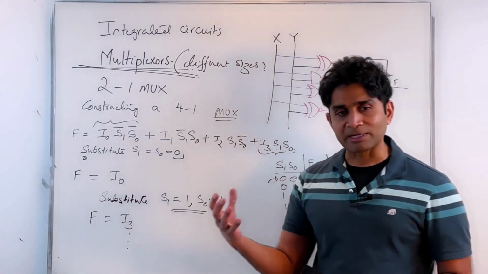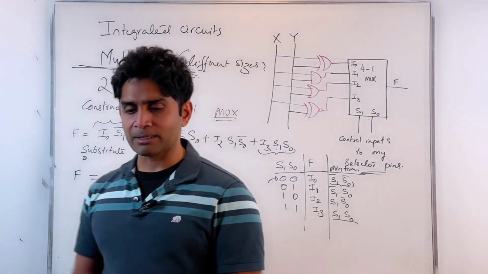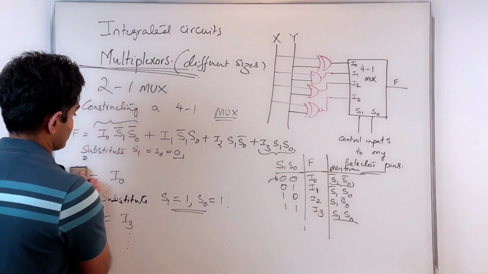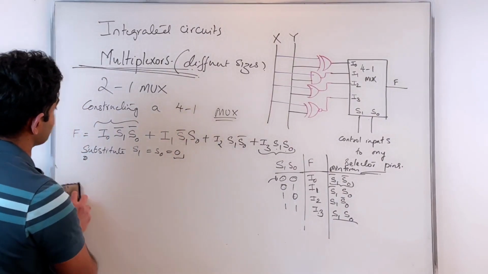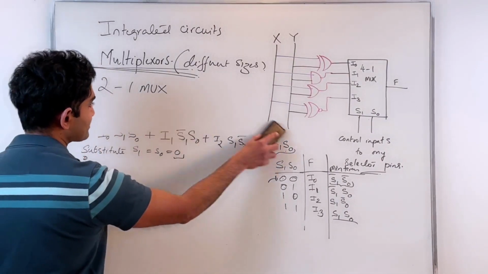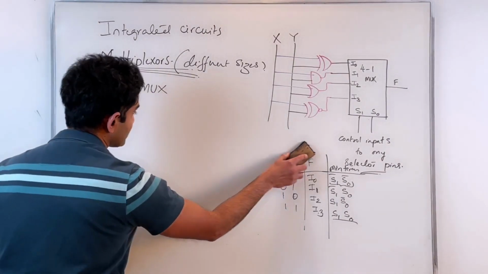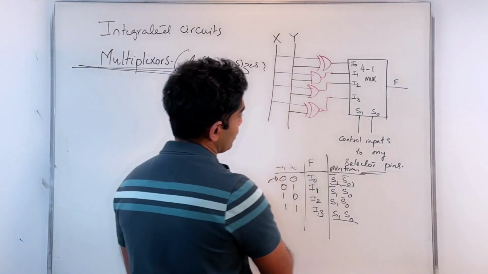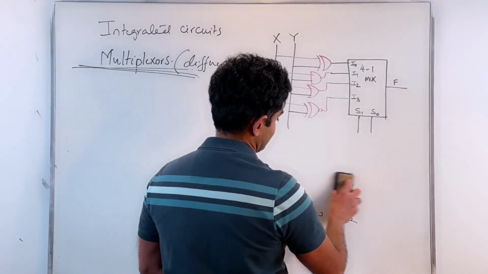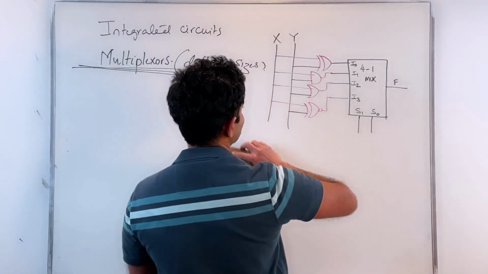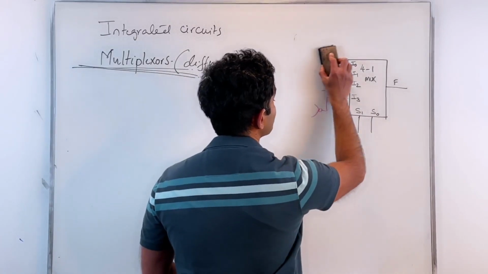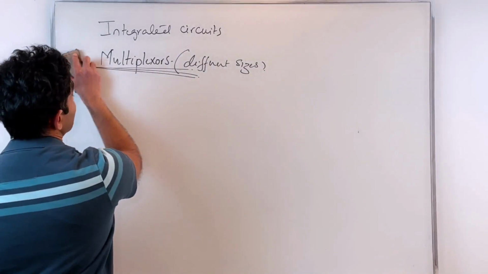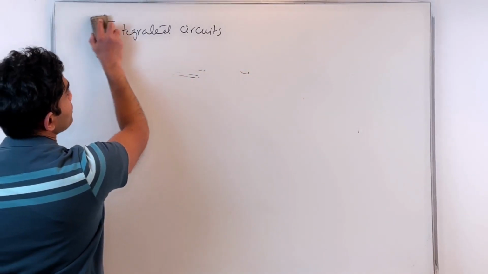Can I utilize a multiplexer and obtain any function? Not just any function, but the simplest function. Let's see how we can do that. In this case, you're trying to map the function onto the pins of a multiplexer. So you're not directly utilizing the gates, but you are utilizing the gate-level functionality offered by the multiplexer in being able to map your function onto it.